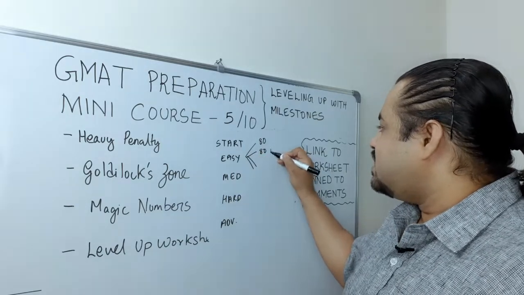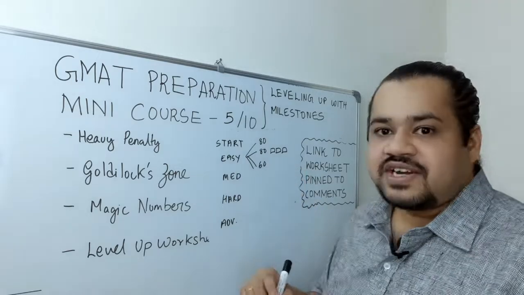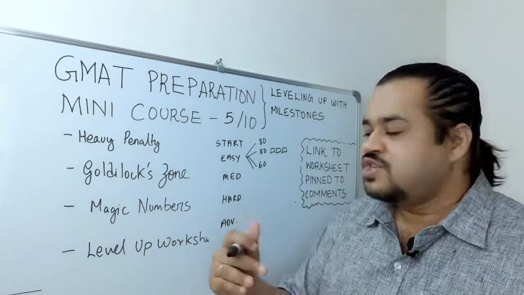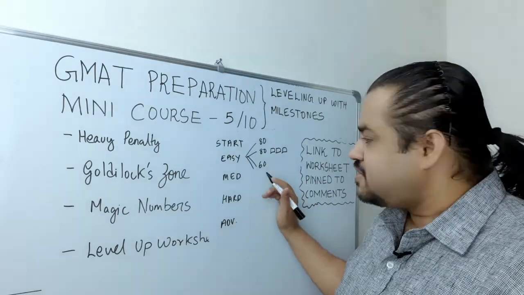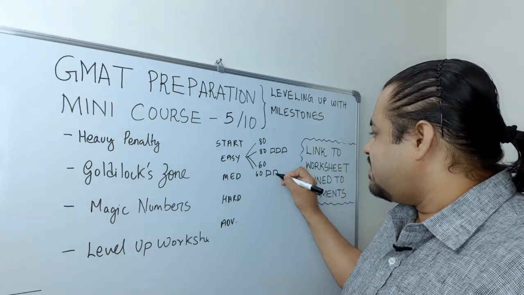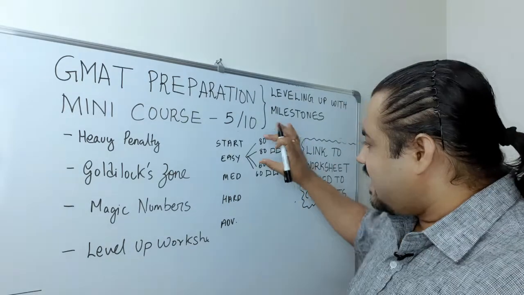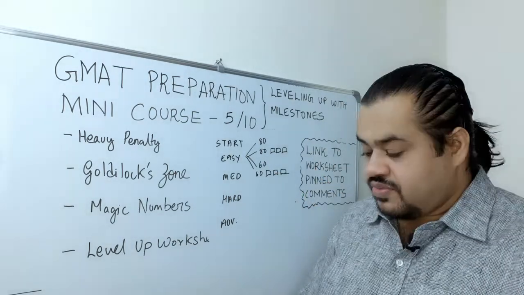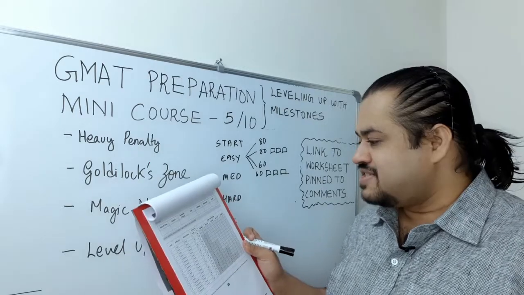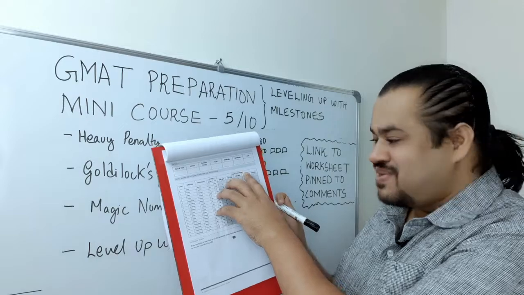If you are able to maintain this across 3 tests, then you start with your timed practice and work your way up to 60%, and then you attempt maintaining that 60% accuracy across 3 practice sessions, and this thing keeps continuing.